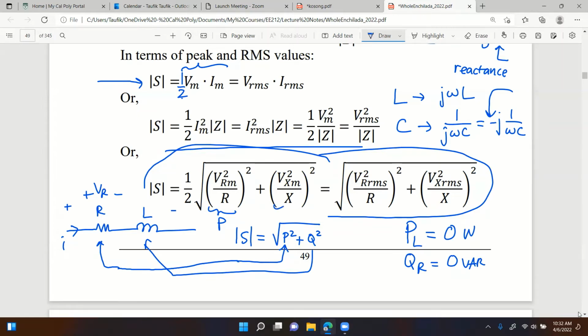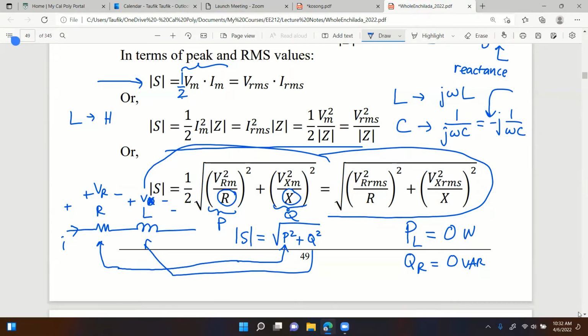And if you would like to get the Q part right here, that's Q. Then you have to get the voltage across the inductor. That's VQ, or VX, I call it VX, sorry. VX over X. So don't put VX over L. It's VX over X. Remember the unit for L is henries, so here you have ohms, then you also need ohms for this.